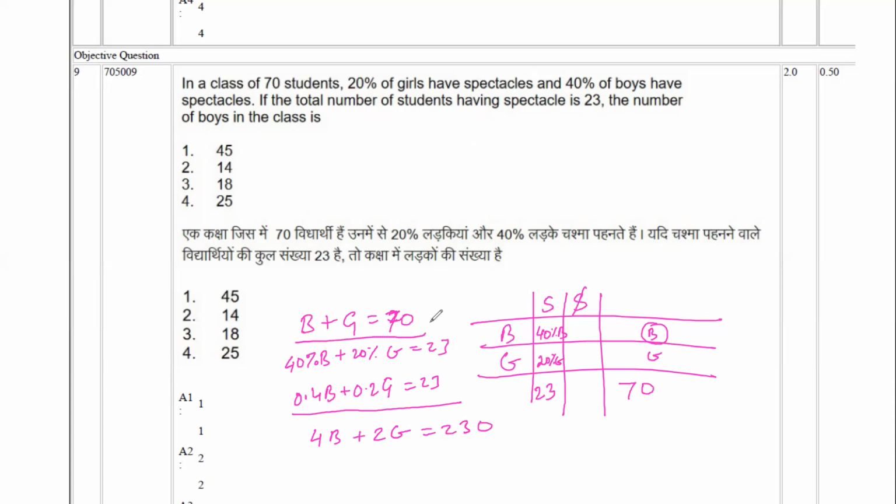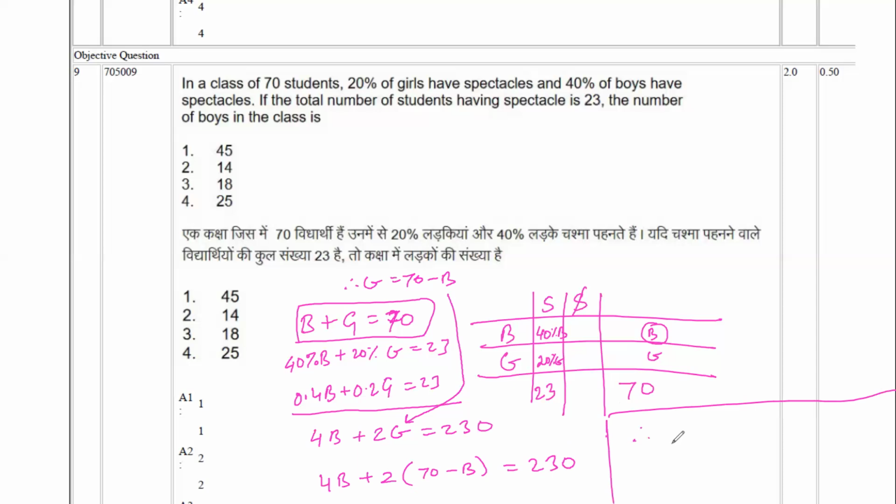That and this, B plus G is equal to 70. So I'll substitute the value of G. G is 70 minus B in this. So 4B plus 2 times (70 minus B) is equal to 230.